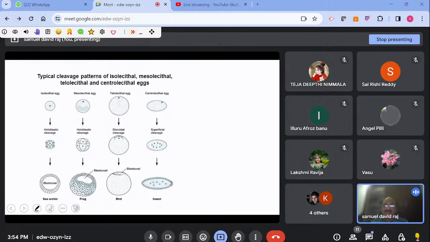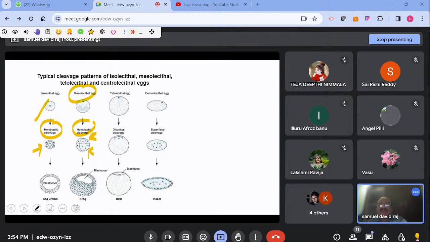Okay, so these are the different patterns. Ultimately, it results in morulation followed by blastulation. In case of isolecithal eggs, it is holoblastic equal cleavage, resulting in all similar cells, equal size cells. In case of mesolecithal eggs, like amphibians, holoblastic unequal cleavage occurs, resulting in micromeres and macromeres, unequal sized cells.